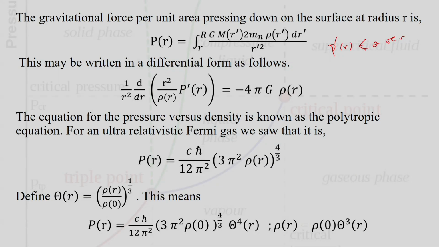If I take P'(r), it is going to be minus G M(r) 2 m_n rho r squared. Now I multiply by r squared and divide by rho of r, and I get minus G M(r) into 2 m_n.